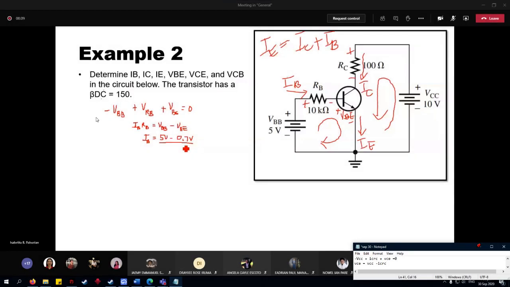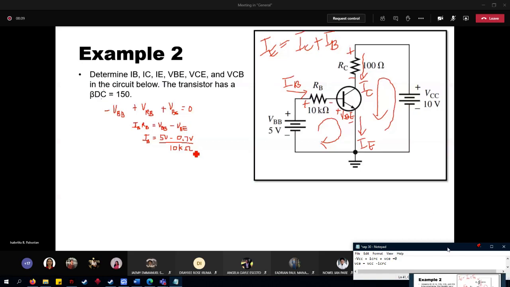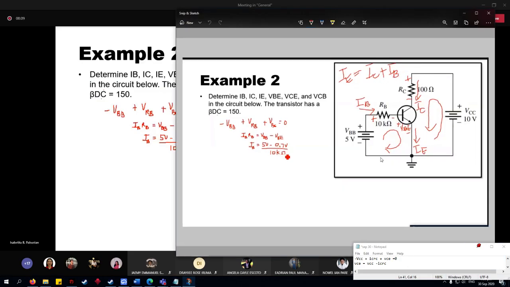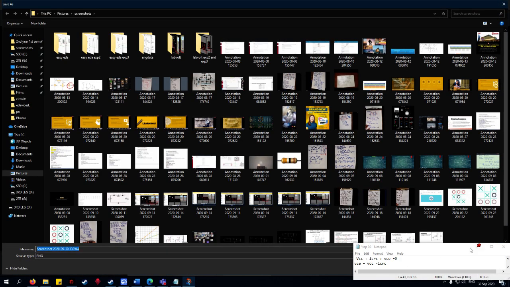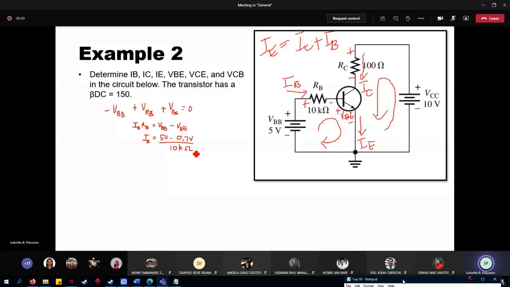And your RB is 10 kilo ohms. I always write the whole thing, I do not just put 10. Others just place 10 and forget that it is kilo, so their final answer is wrong. So, I write everything.